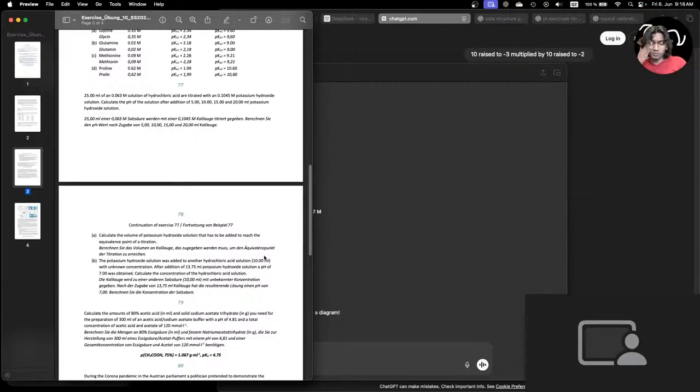At this point, the concentration of HCl and KOH is equal. That's at 15 milliliters of this solution.